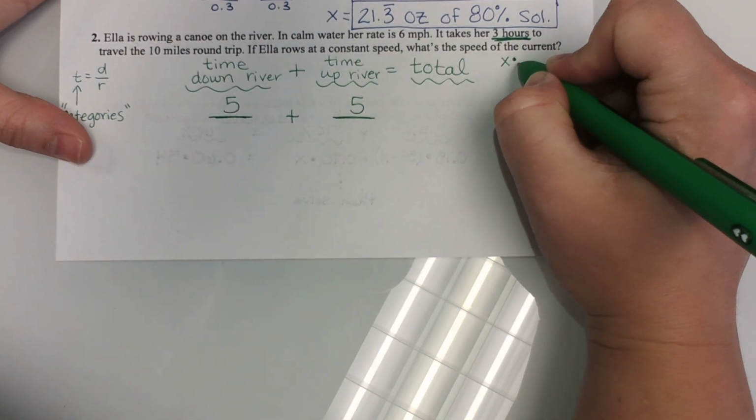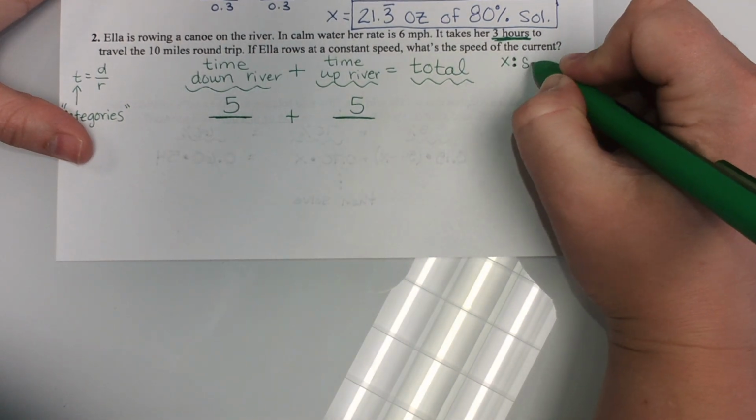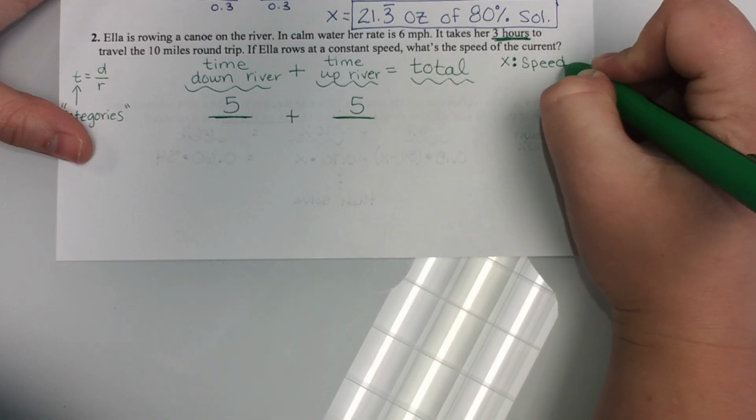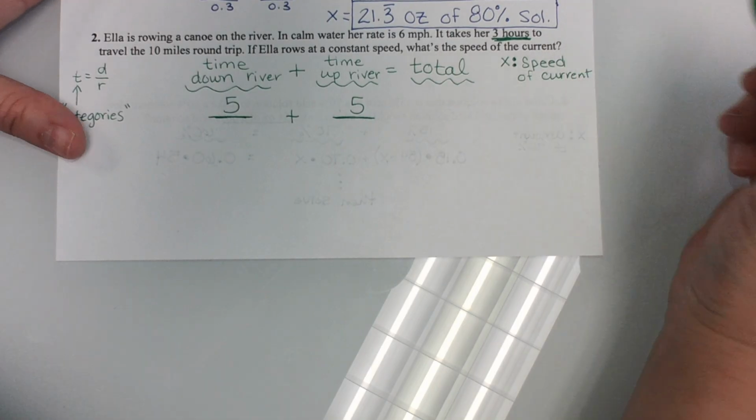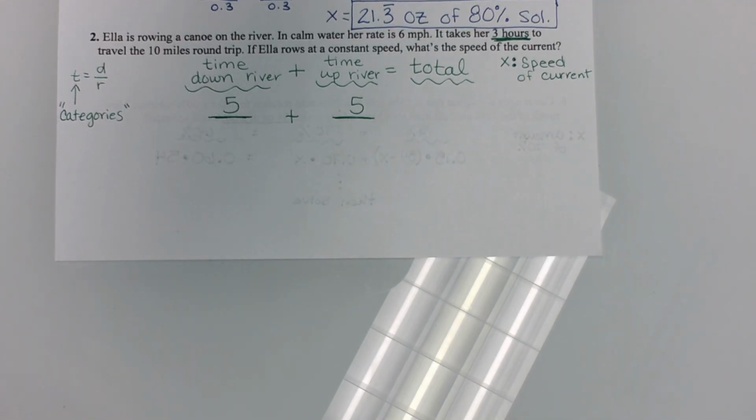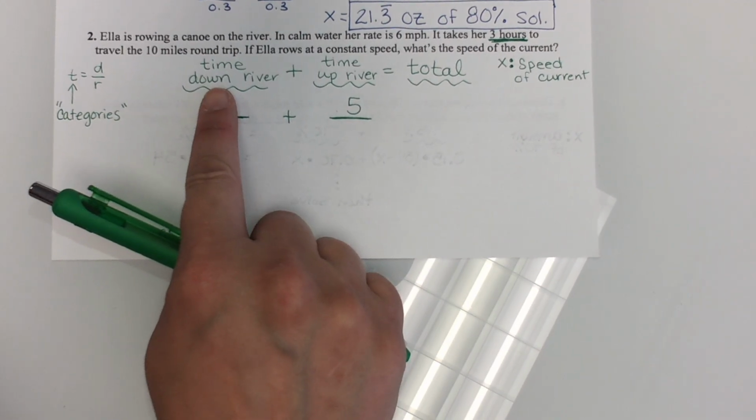Current does what to you when you're traveling down a river? I heard someone say it increases your speed. Is that always true? Is the current always increasing your speed? It depends on what direction you're going. If you're going downriver, is it increasing your speed?